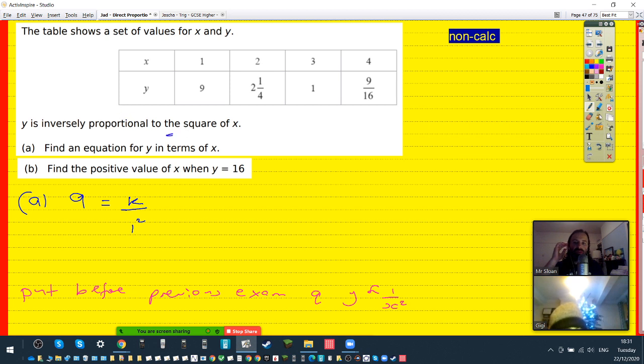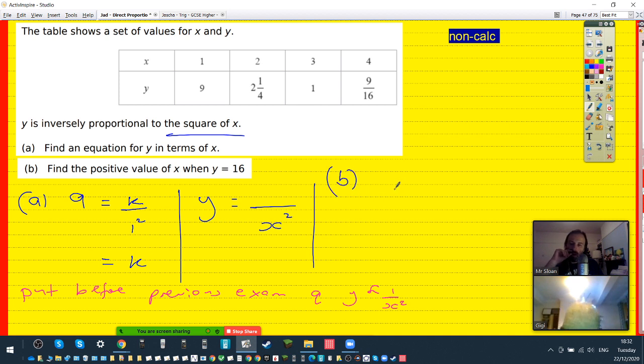Y is inversely proportional to the square of x. It's not the square of y. It's 9.